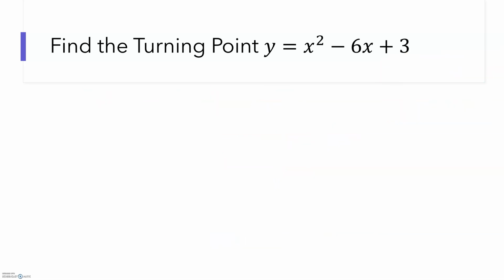Now, of course, when we have the general form, we need to first complete the square. So (x take away 3) squared, take away 6, because we already worked this out in the previous question, so I'm not going to repeat it. Using the knowledge we have, the turning point is always going to be (negative b, c).